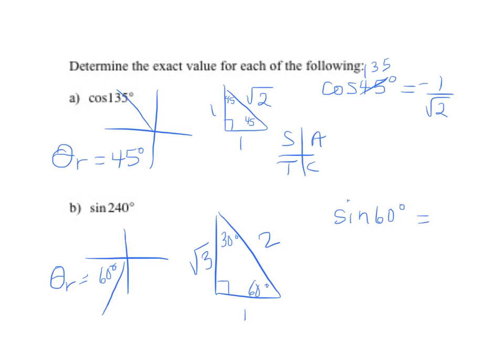What's the sine of 60 degrees given this triangle? Root 3 over 2. So then what is the sine of 240 degrees? It's negative root 3 over 2 because it's in quadrant 3 where only tangent is positive.